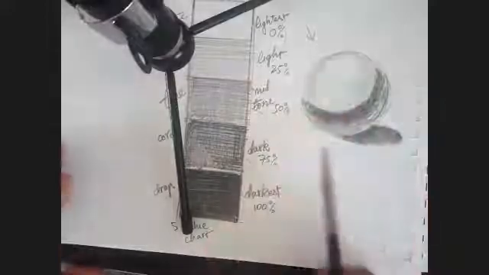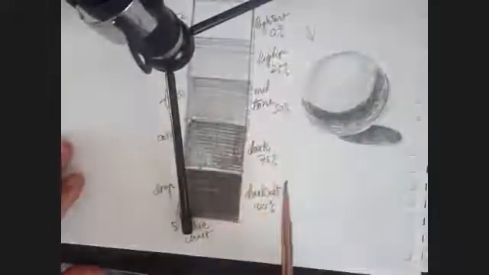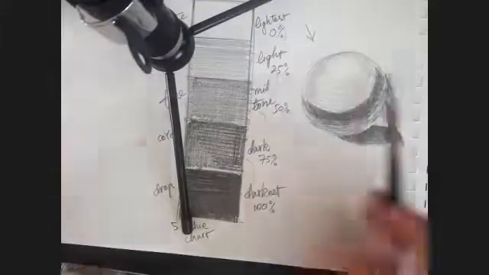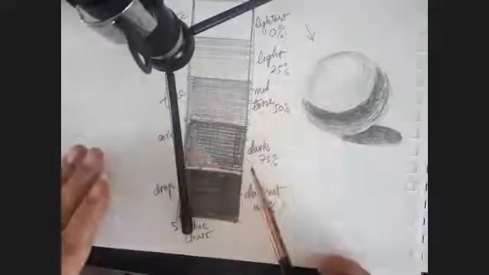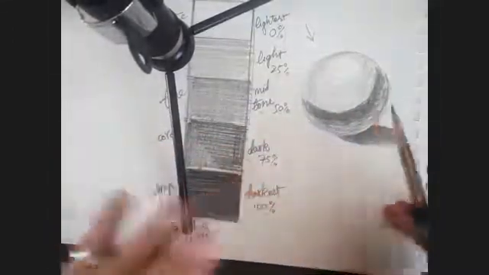So let's find out which part of the value chart goes to which part of the object.